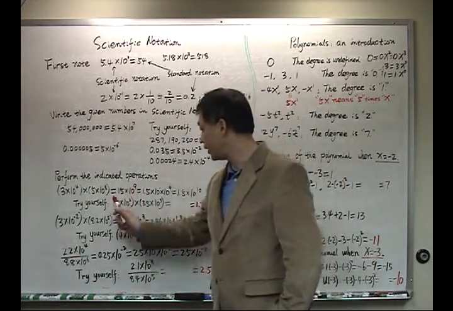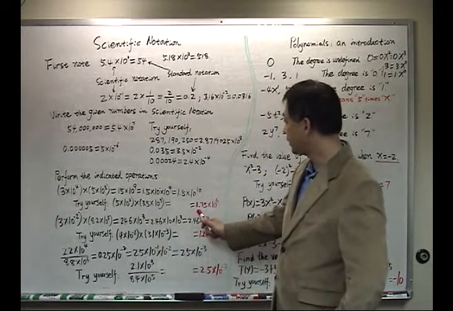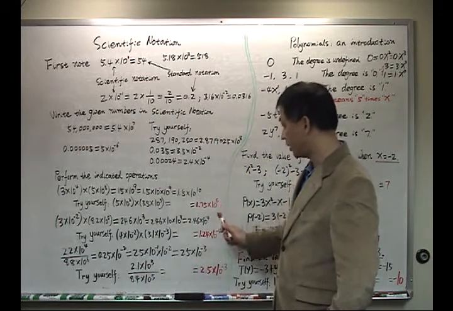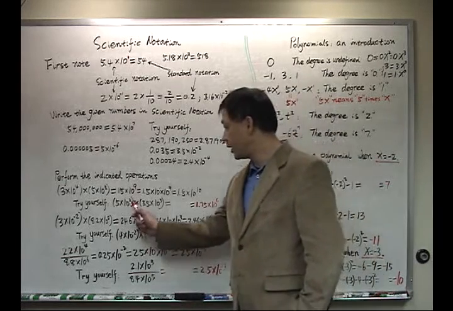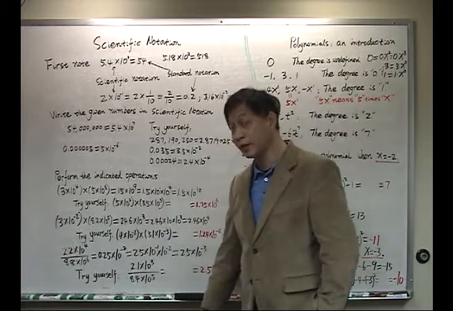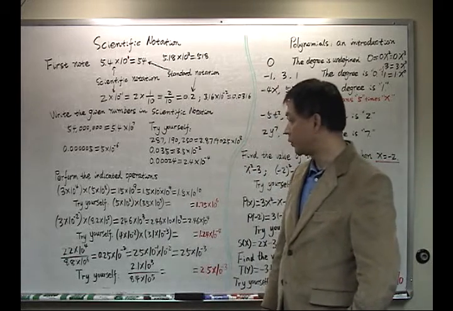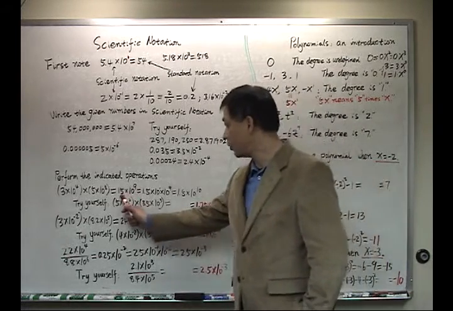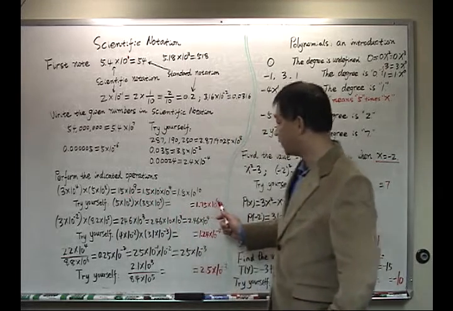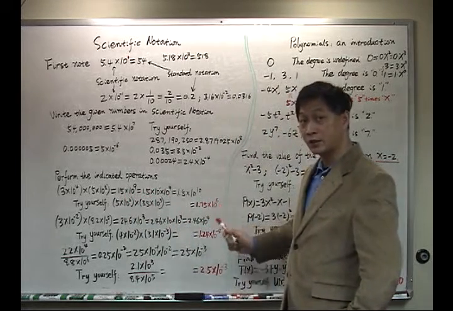Try this one yourself. And then the answer would be 1.75 times 10 to the 6th. At the beginning it was 2 plus 3, you get exponent 5. But something similar happens right here, so you have eventually exponent 6.